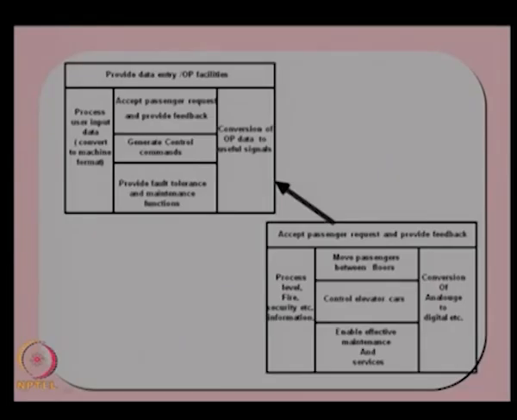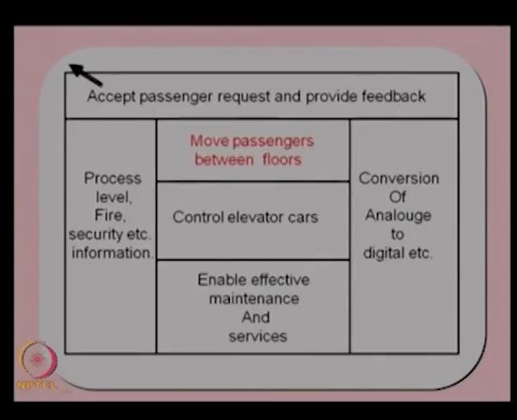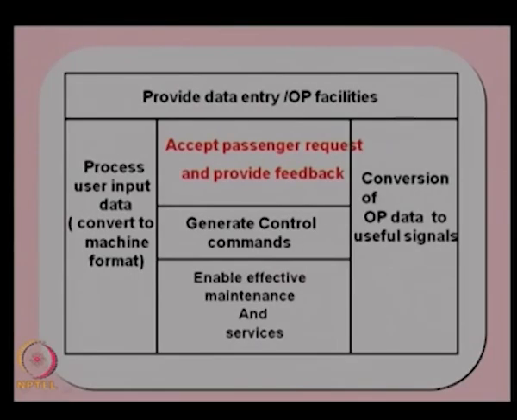So, it should look for the fault tolerance or to reduce the errors in the system. So, the fault tolerance and maintenance functions also need to be provided in order to provide this function of accept passenger request and provide feedback. So, this is the decomposition of that particular function, accept passenger request and provide feedback.